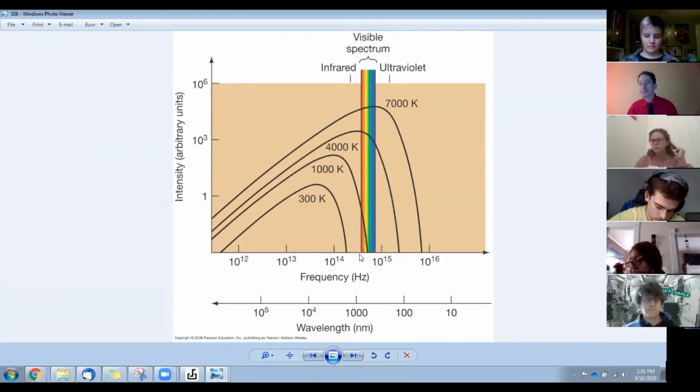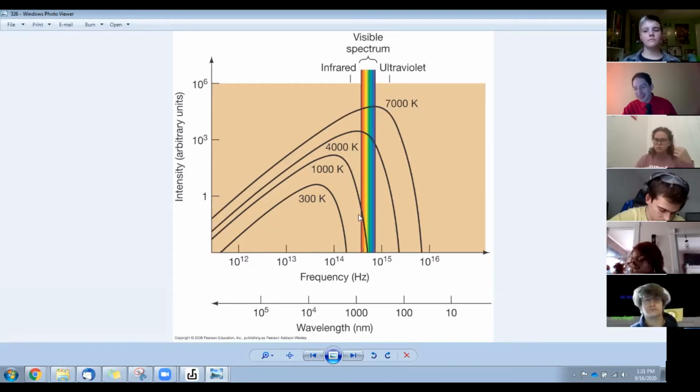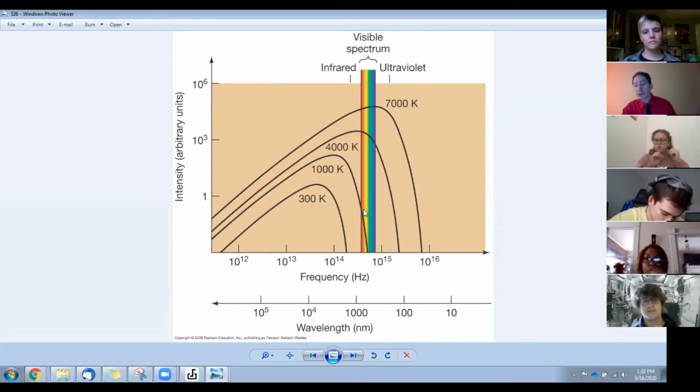So 1000 Kelvin? Oh, okay. For 1000 Kelvin, yeah, you have a little bit of red light there. And very little yellow and negligible amounts of green and blue. So super red and super faint. Get up to 4000 and you have a red distribution. Remember, this is a powers of 10 plot.